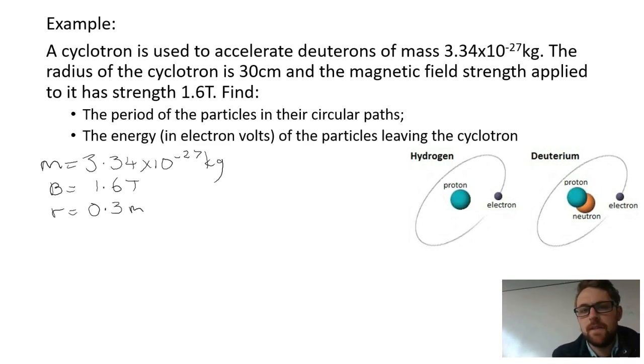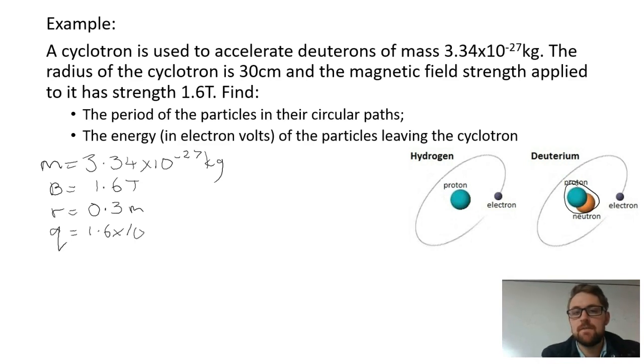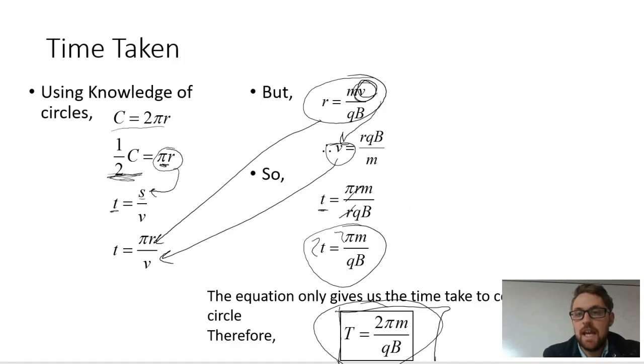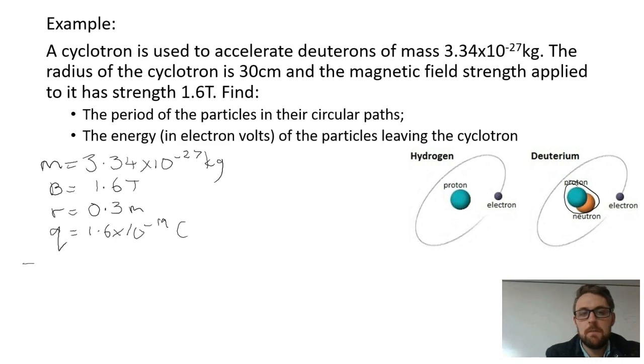Okay, we know a couple of other things, and let's show how we work those out. So the first thing we have to do is assume that the deuteron is an ion, so its charge is just the proton in the center, so 1.6 by 10 to the negative 19 coulombs. And then we can just use our equation for the period, so 2 pi m on qb. So period equals 2 pi m over qb.